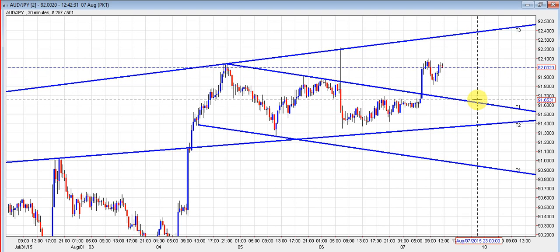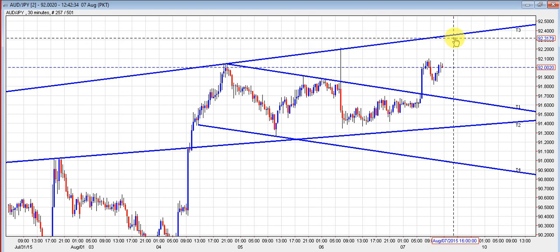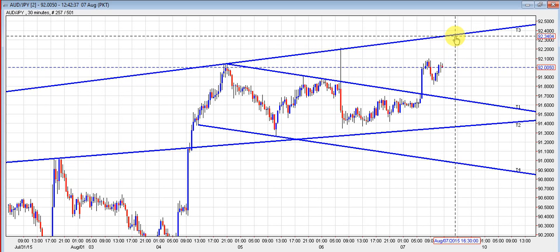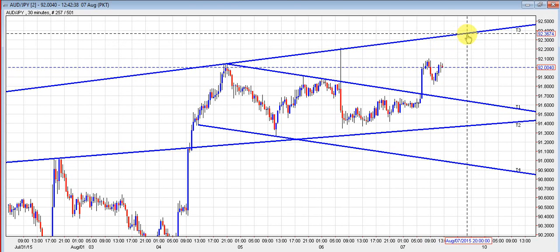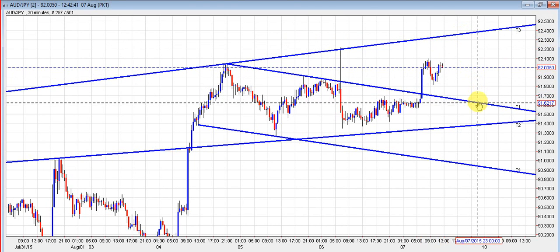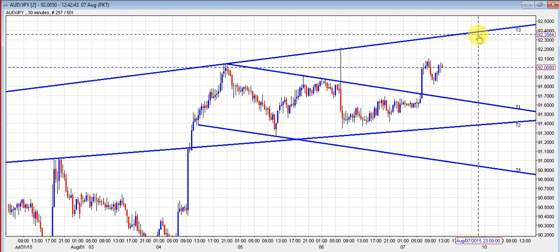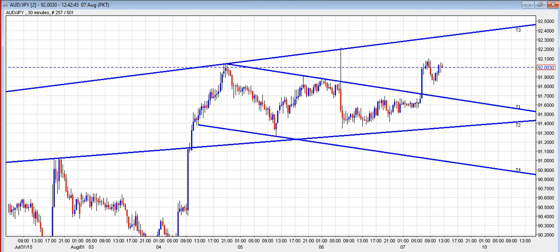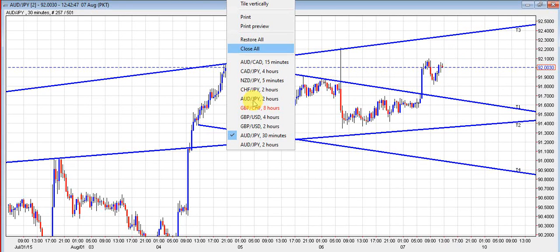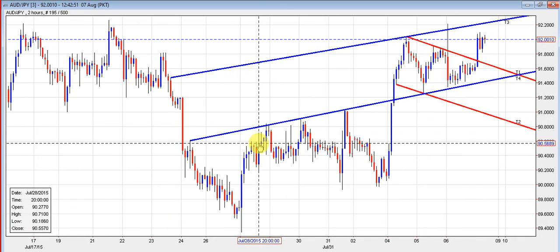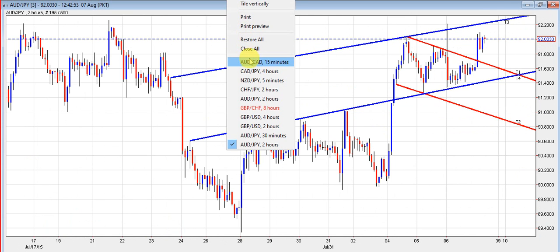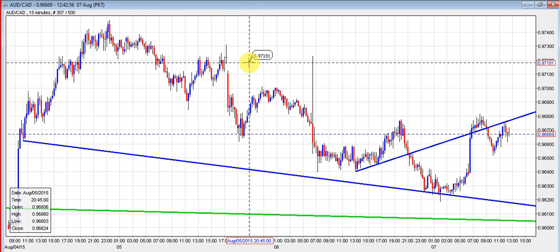Actually, there are a couple of Canadian data releases also. But my guess as of right now is that it hits here, then drops down here, and I think this is plenty of range for a slow pair like this. So let's take the same pair, sorry, no, I'm taking Aussie Canadian dollar today.